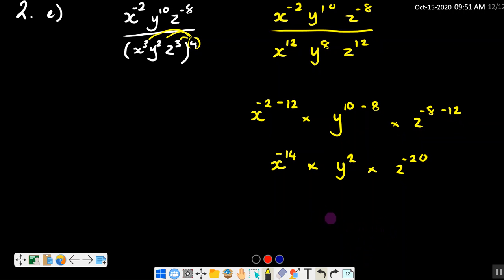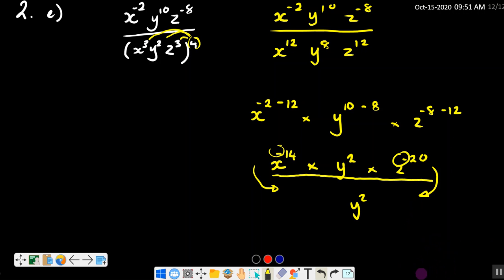So he knows, for instance, that all of this, draw a line, the negatives go below. So that's one of those, this goes down. So I then go, the y to the power of 2 stays on top of the line, but the x to the power of 14 and z to the power of 20 goes under the line. And there we are, we're done.